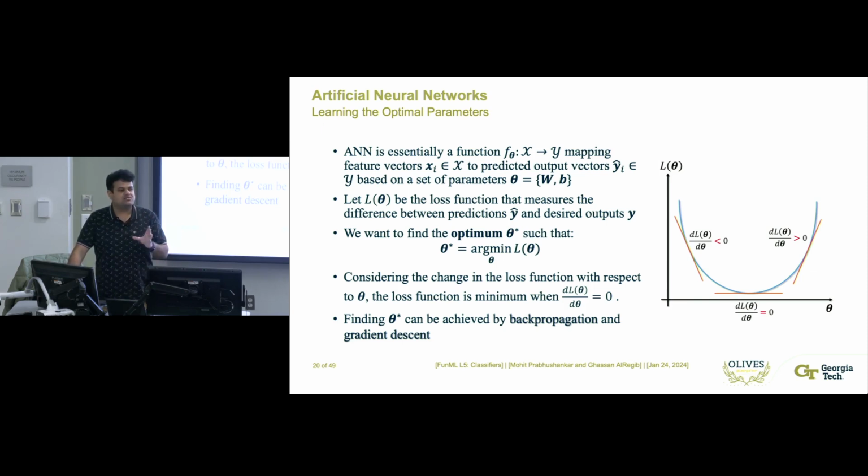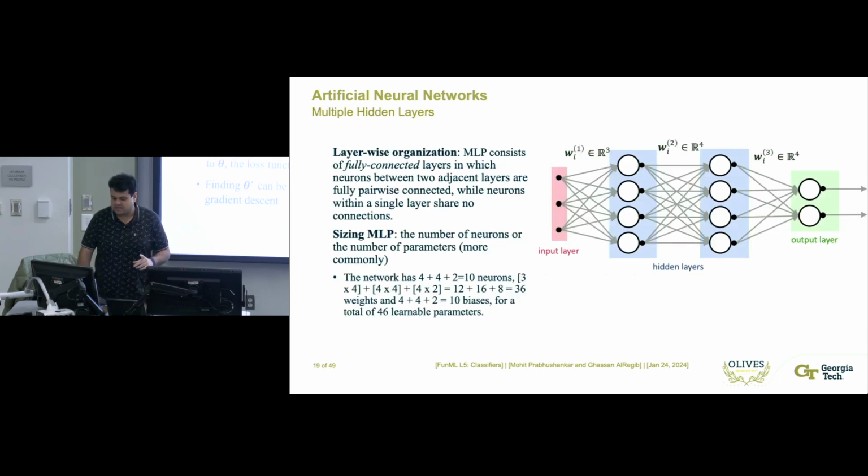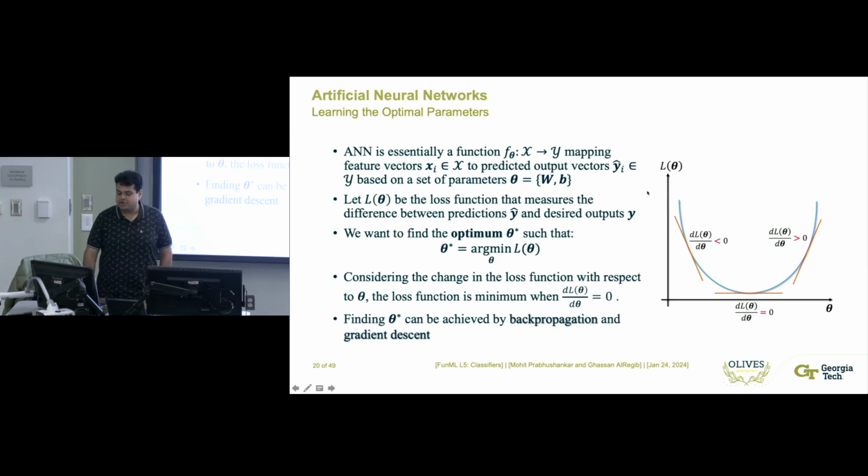In the previous example, we had 46 learnable parameters. So ideally, in order to represent this kind of graph, I need a 47-dimensional plot where I'll be able to draw this kind of bowl or parabola in that high-dimensional space. And to get to the minimum of that, I would have to do gradient descent. But to visualize it, I would require a 47-dimensional space.